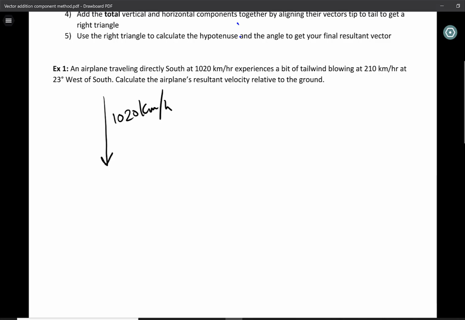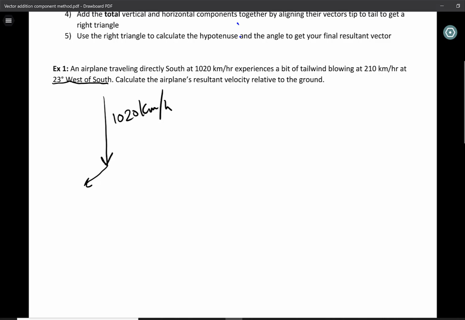It experiences a bit of tailwind, so that's like wind blowing from the back, blowing at the back of the plane. It's blowing at 210 kilometers an hour at 23 degrees west of south. Okay, so it's some vector that's going at an angle in the west-south direction. We don't know that angle yet, we'll work it out.